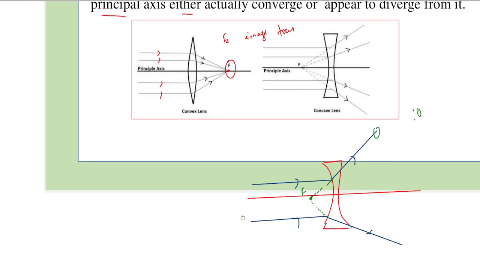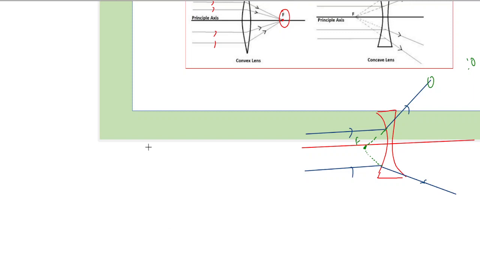To make sense of it, think of a case where we have a lens like this. You might have learned in high school that if we place an object at a given point in front of the lens, these light rays, after falling, would become parallel to the principal axis.